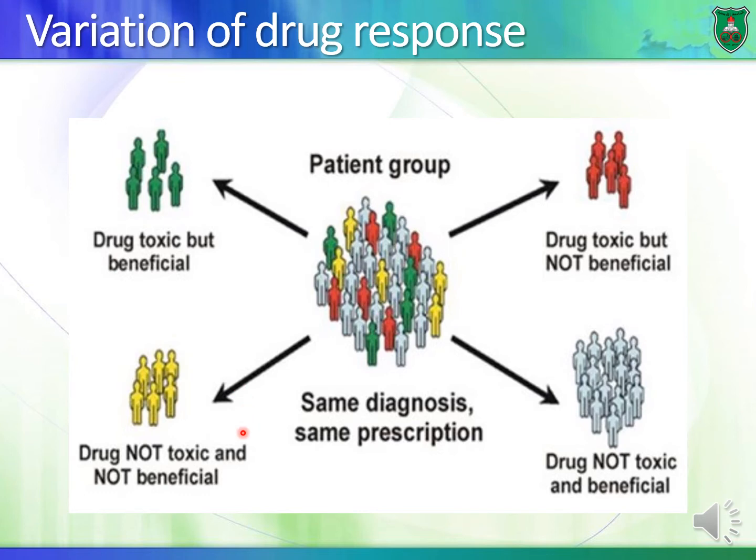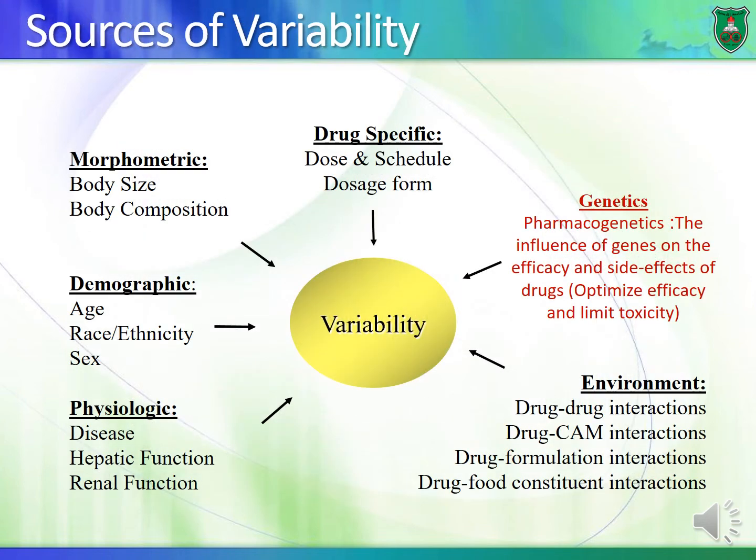Others, there would be no toxicity nor benefit from this drug, and then for some of them the drug may be toxic without any benefit whatsoever. So how can we tell before we give a drug whether the drug would work or not? Again, it's all based on the genetic makeup of these people, and that's the idea behind pharmacogenetics.